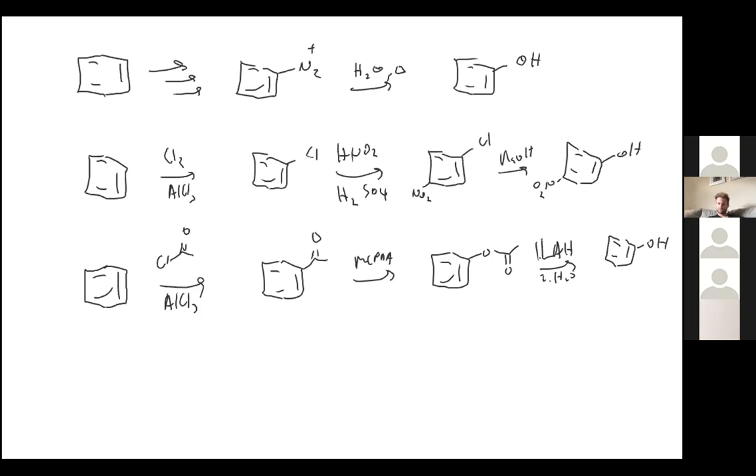So let's start with, I'll just draw it down here. Hard line. I can redraw it higher up in a minute.